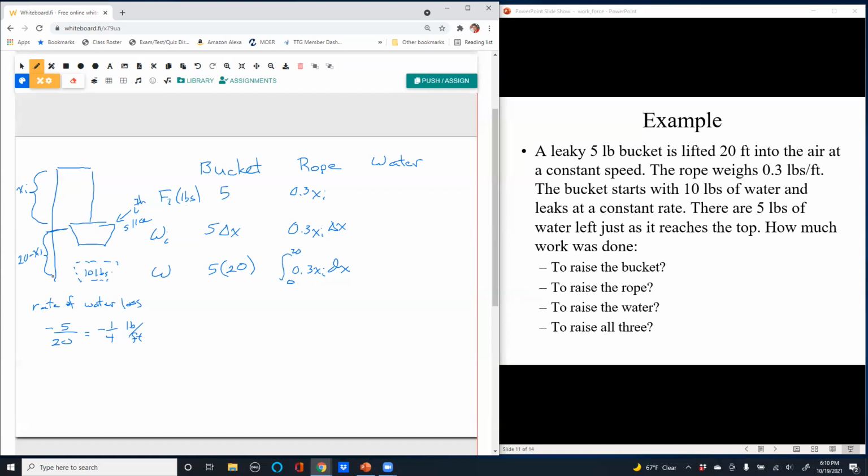Well, how far up have we gone? We've gone up 20 minus X sub I feet. So we start with 10 pounds. We've been losing 1/4 pound for 20 minus X sub I feet. Oh, sorry, not 10 minus X sub I, 20 minus X.